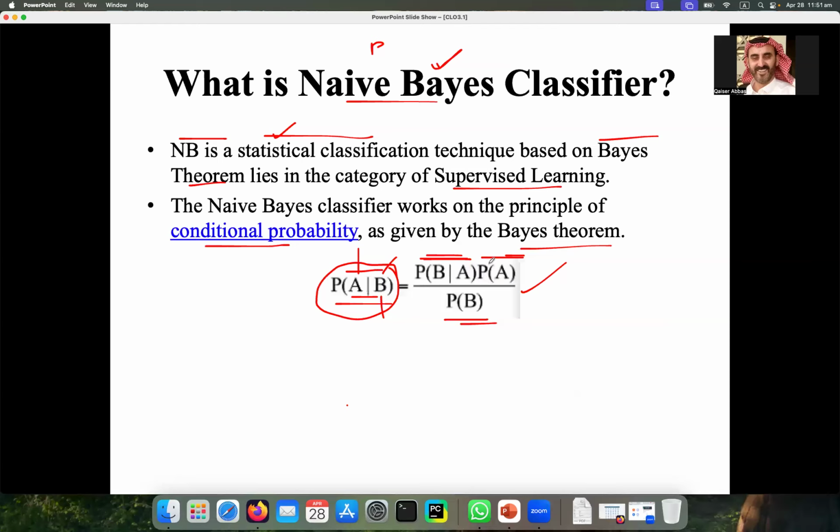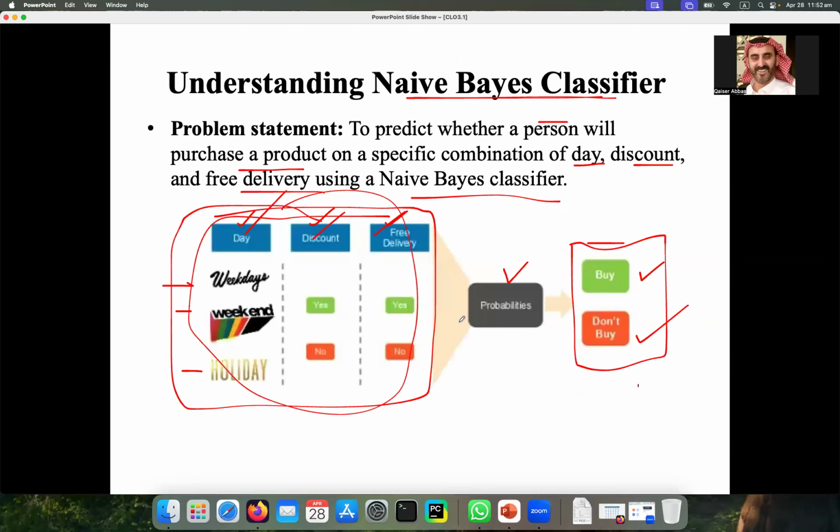And if you are calculating the probability of A, nothing is given. You have to calculate the probability of A only. So this is called simple probability or likelihood. This part is not conditional. This part is conditional. This part is simple probability or likelihood.